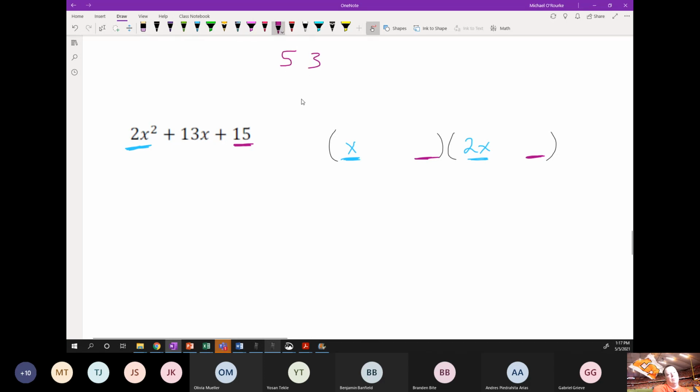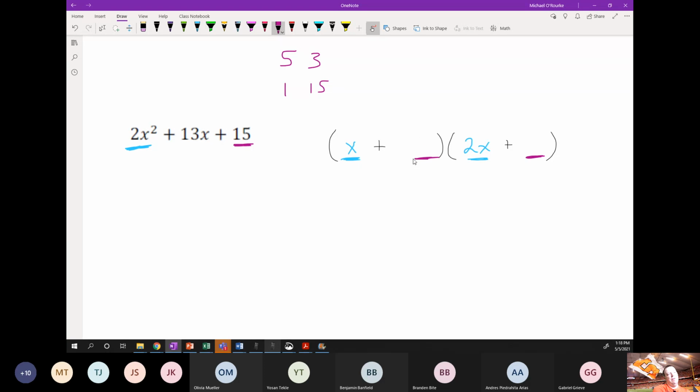Do we have any other numbers that multiply to get the 15? There's also 1 and 15. I could do it. Now, if you look here, we have a plus and a plus. So that tells us, okay, well, let's put our pluses in the middle here. So now we have to put the 5 and 3 in here.